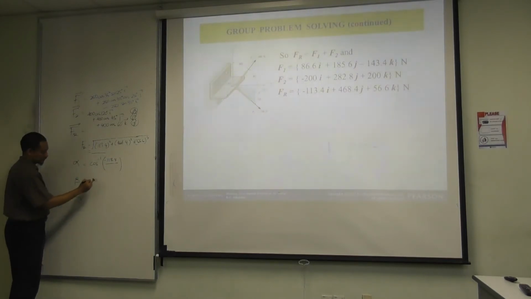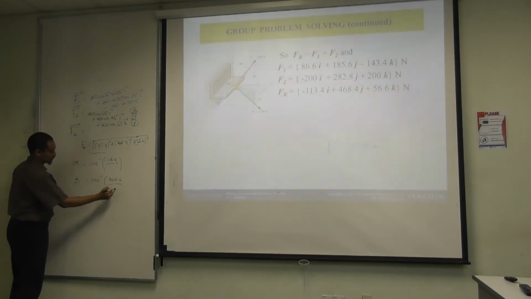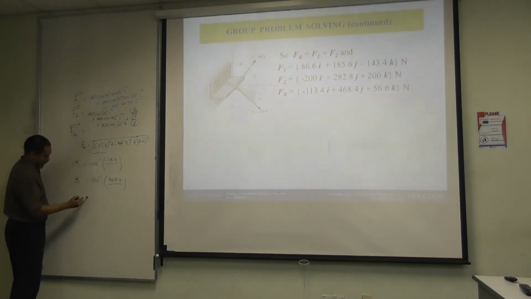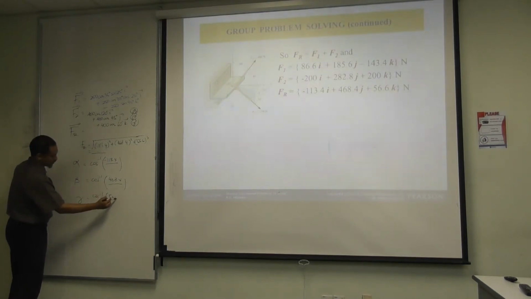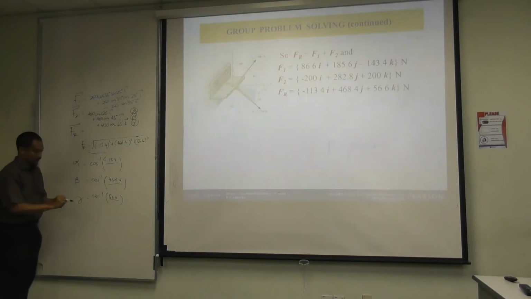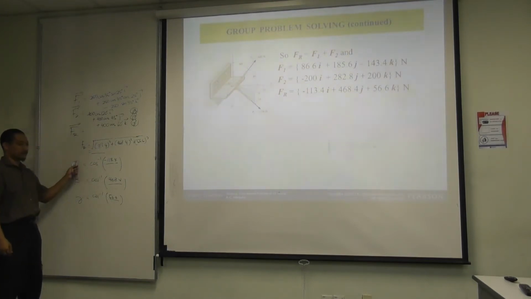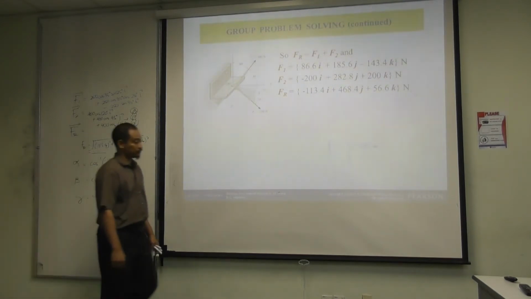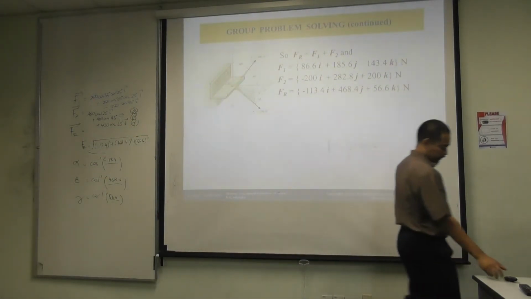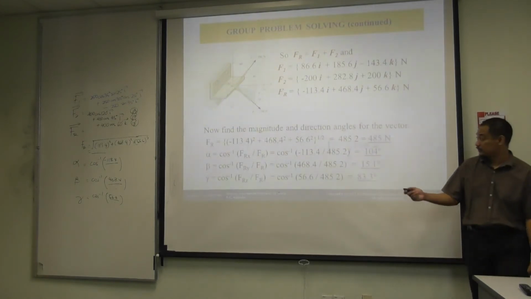So here it is cos inverse of minus 113.4 divided by this value. Make sure you take the negative notation here because it will affect the angle. When you have negative, it becomes more than 90 degrees.